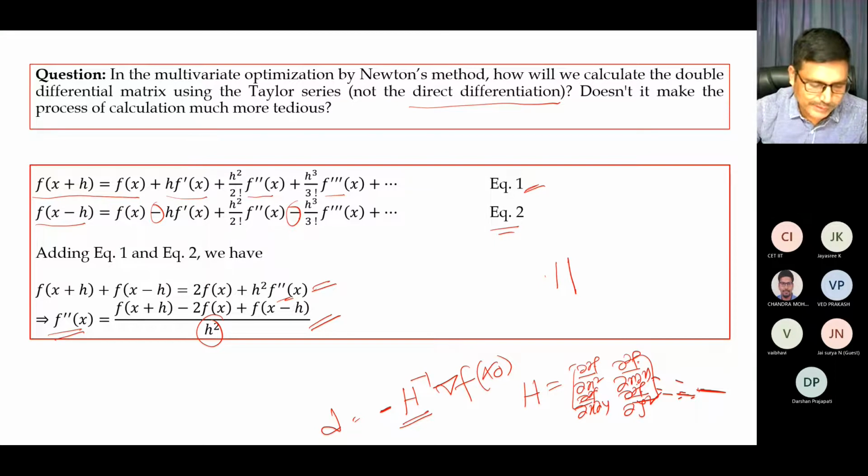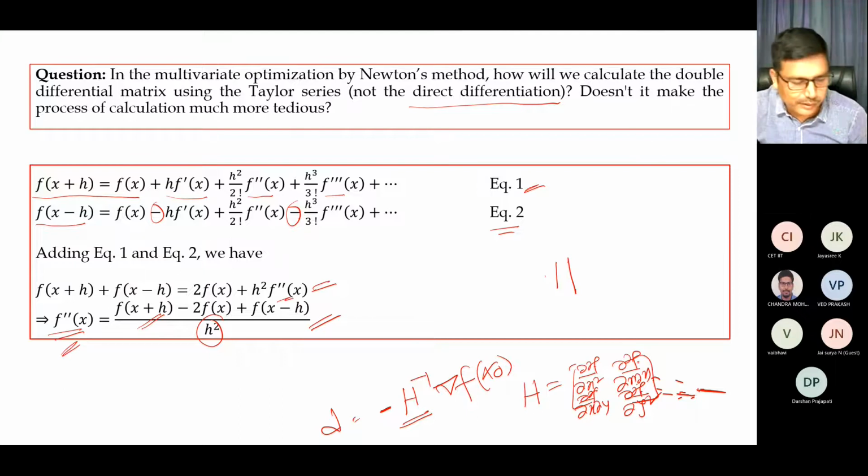I will also discuss the multivariable function, but this is for a single variable function. You just see, when you are calculating the second derivative, you need three function evaluations. That means you are evaluating the function at x plus h, at x, and at x minus h. Therefore, computationally it will be much more expensive because you need three function evaluations for calculating the second derivative.